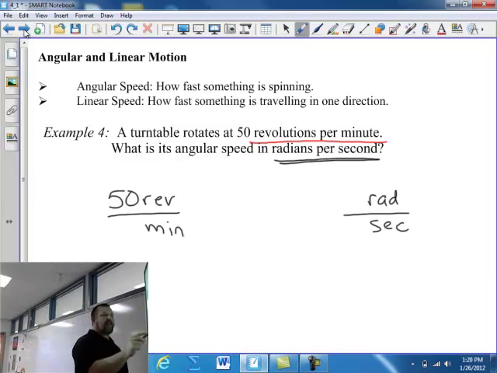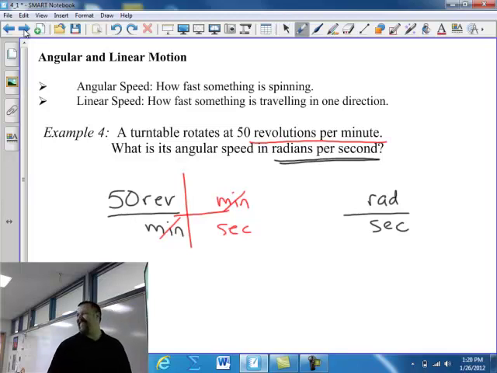So we're going to extend this, and put minutes up here and seconds down here so that my minutes cancel. 1 minute has 60 seconds in it. Now we've got our seconds like we want on the bottom.